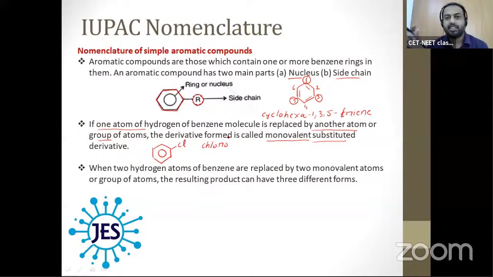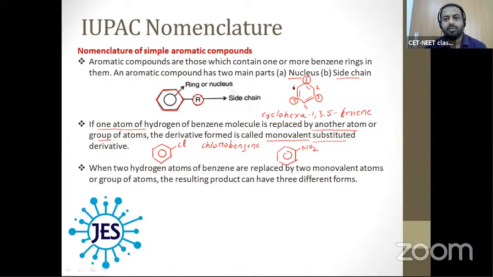Chlorine atom is a substituent. Benzene is the adopted IUPAC name. So, chlorobenzene. I'll give you one more example. Nitro group attached. Can anyone tell me what you will name this as?